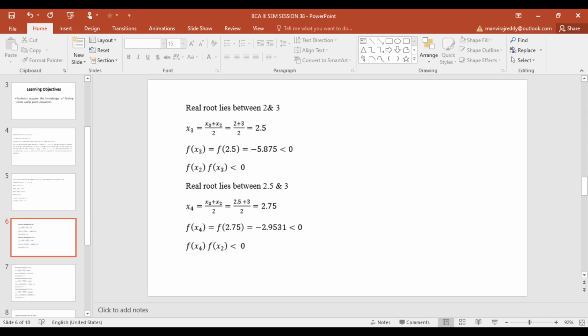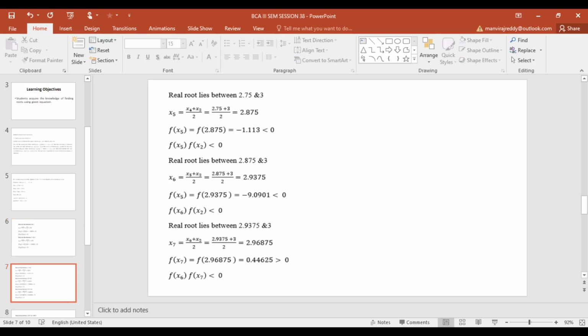In the previous calculations we got f of 2.5 is less than 0. Here also less than 0. Product cannot be less than 0. That's why we select f of 3, that is greater than 0. Hence f of x4 into f of x2, multiplying you get less than 0. So based on this we can say the root lies between 2.75 and 3.